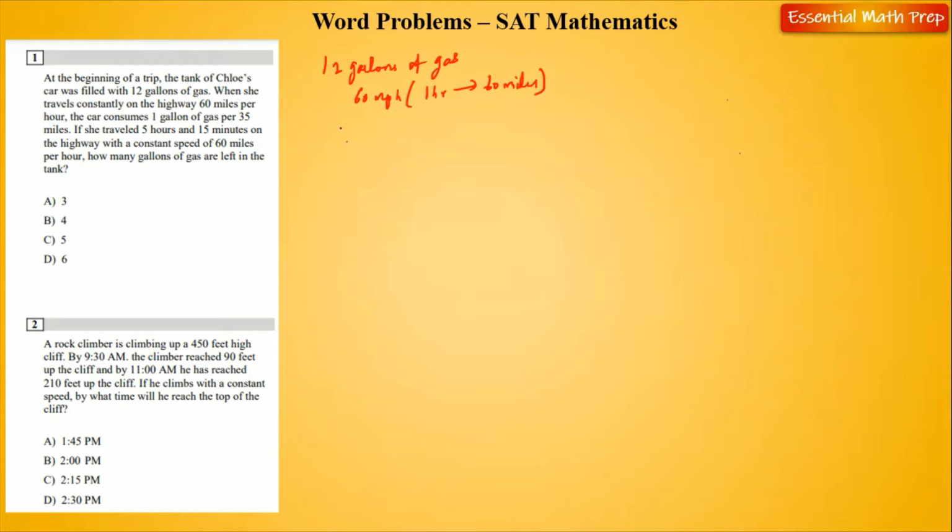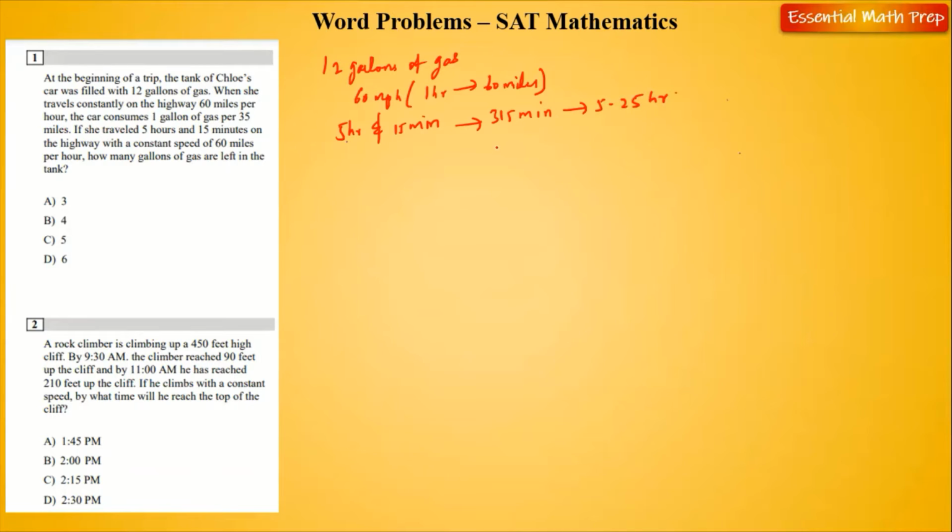She's traveled for 5 hours and 15 minutes. There's a clear disconnect because the speed is in miles per hour, but the time is in hours and minutes, so you have to convert it into hours altogether. This translates to 315 minutes, and that translates to 5.25 hours.